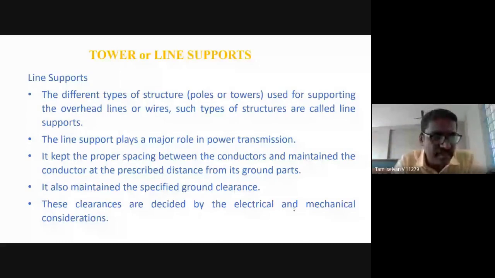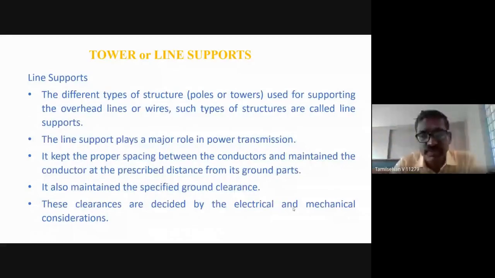It means the transmission tower has to carry the heavy transmission conductor at a sufficient safe height from the ground. Okay, so the line support plays the major role in our power transmission. Why? Because it has to carry the conductor. And apart from that, there should be proper spacing between the conductors and from the ground also.